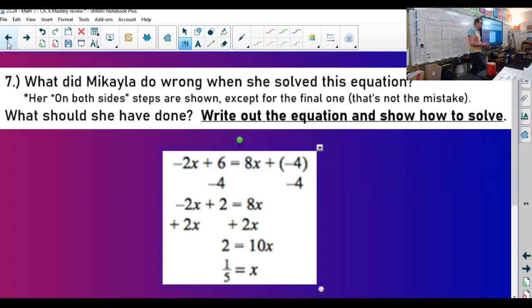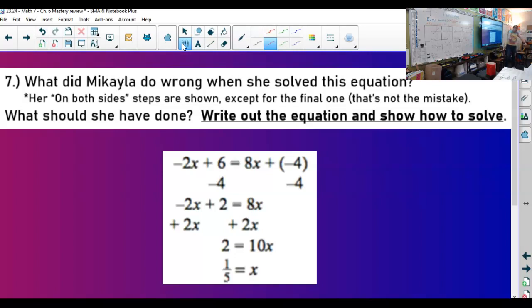Zane, what's Michaela's mistake? She subtracted 4 from negative 4, which would make negative 8, but instead she made 0. This would actually make negative 8, because negative 4 minus 4, that's not what she meant to do. What was she trying to do? She was trying to make a 0. So what should she have done? Plus 4. Hey, you can write this, this is the answer.